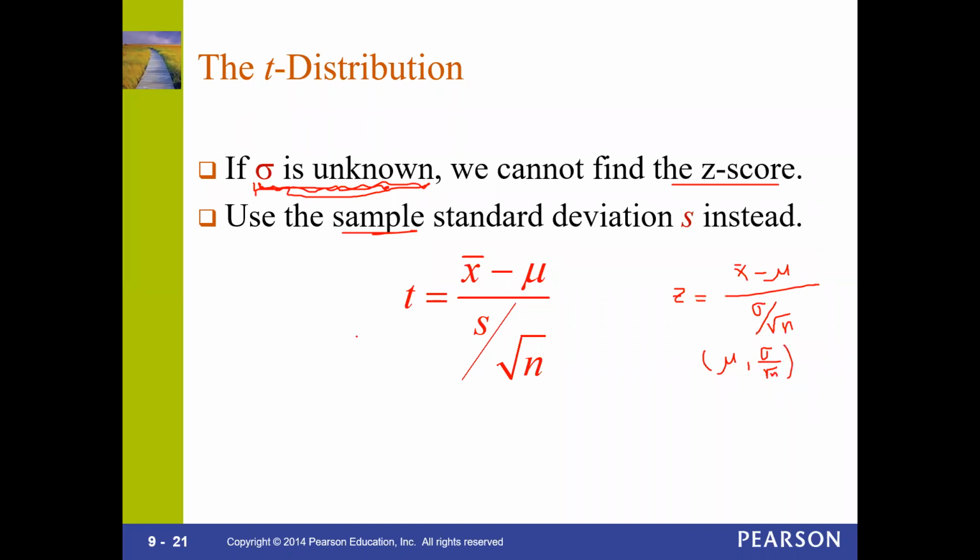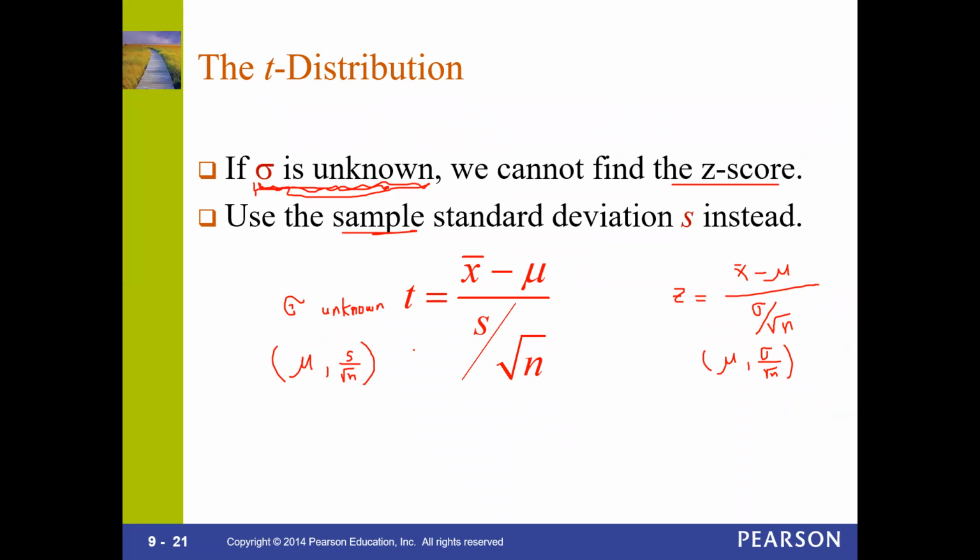Here, instead of sigma, I'm going to put s over square root of n, because sigma is unknown. On the TI-84, there should be an option that you can click and say sigma is unknown. So this is what we do.